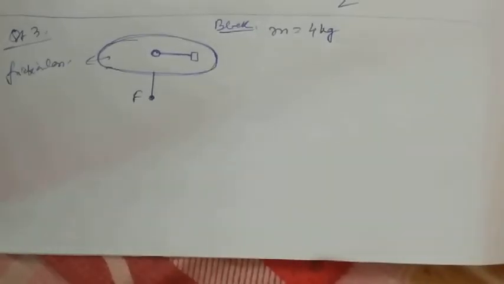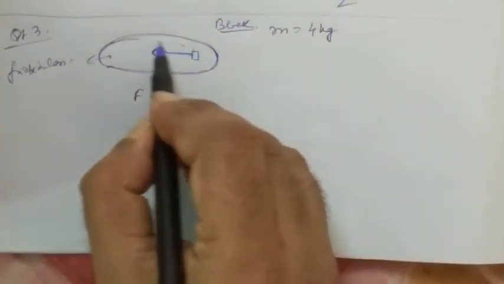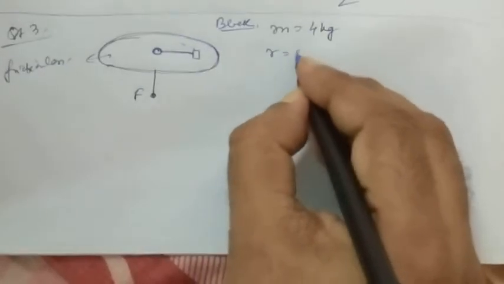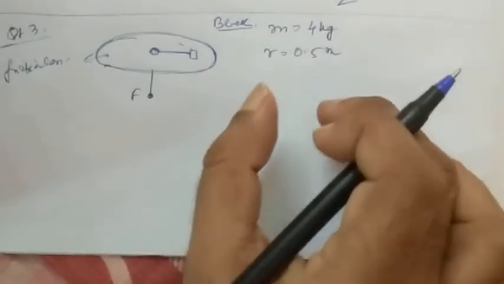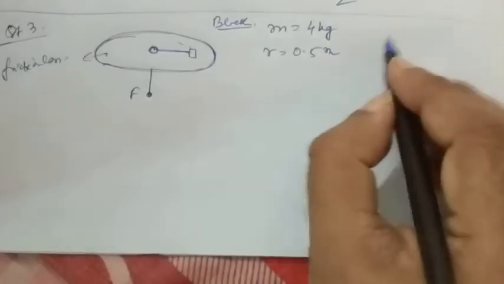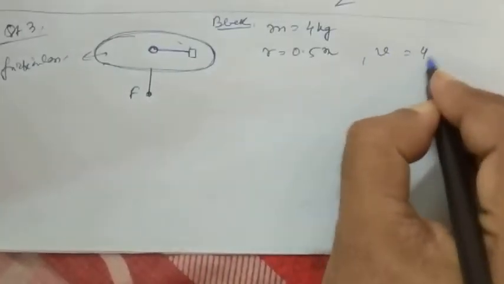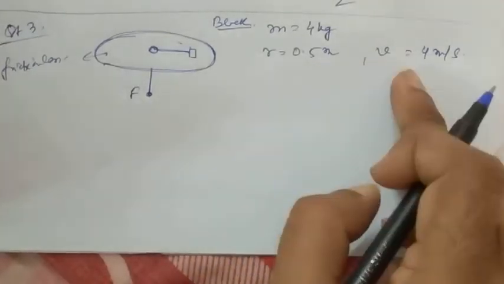Now the block is originally revolving in a circle of radius 0.5. The initial radius about the hole was 0.5 meters. The tangential velocity was 4 meter per second initially. So these are the two initial values.